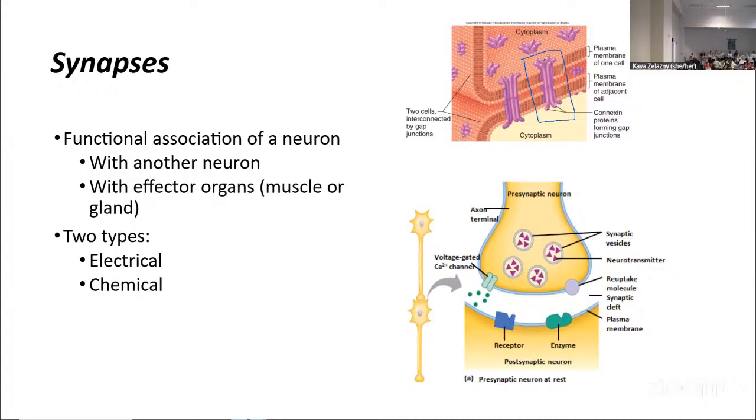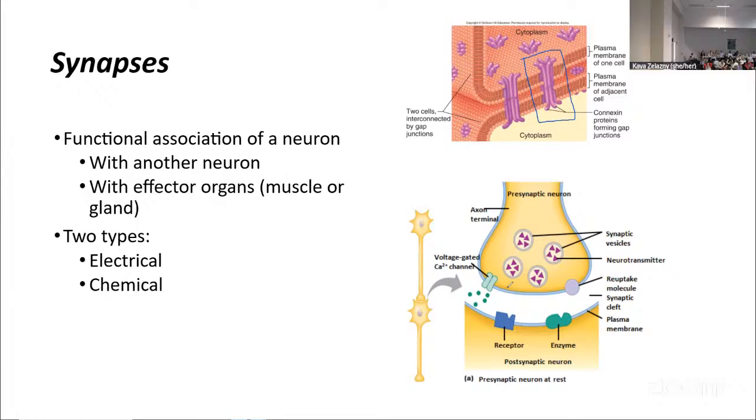Right, so along this connection, we could literally have ions move from the cytoplasm of a presynaptic neuron to the cytoplasm of a postsynaptic neuron. So we're going to have electrical synapses. And in the second one, we have two neurons that aren't physically connected, right?